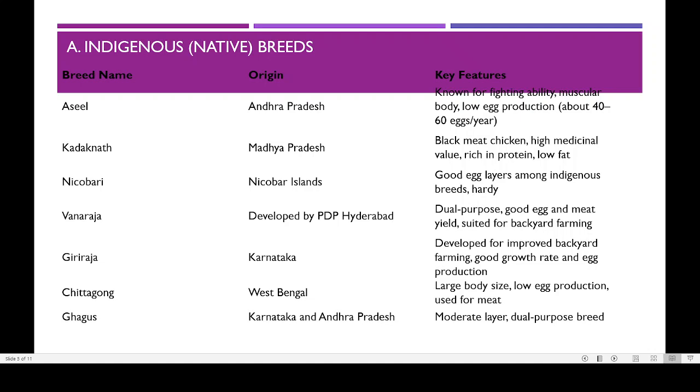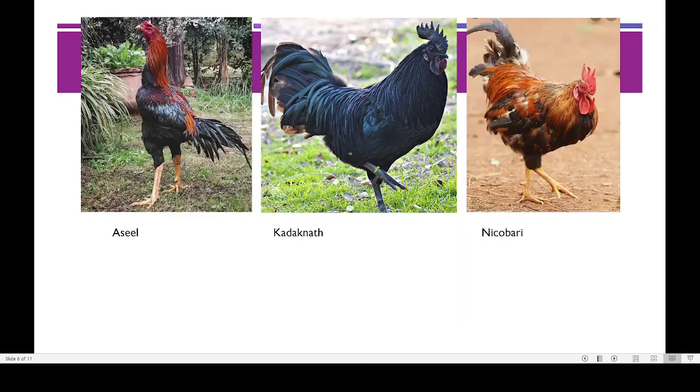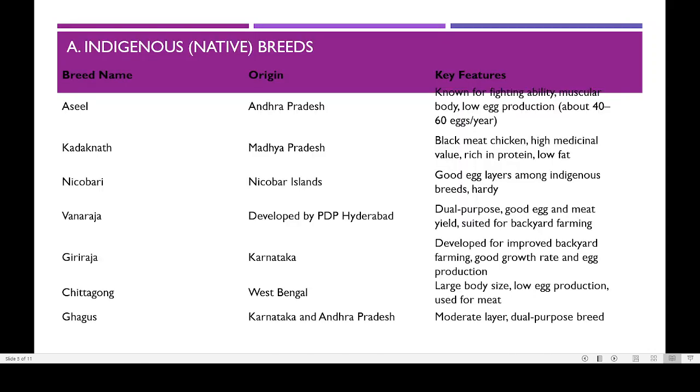Then we have the Nicobari chicken. As the name suggests, it is present in the Nicobar Islands. Here you can see the Nicobari chicken. There are some minor differences; they are good for egg laying and are indigenous to the Nicobar Islands. Then another is Vanaraja. It is developed by PDP, at Hyderabad.